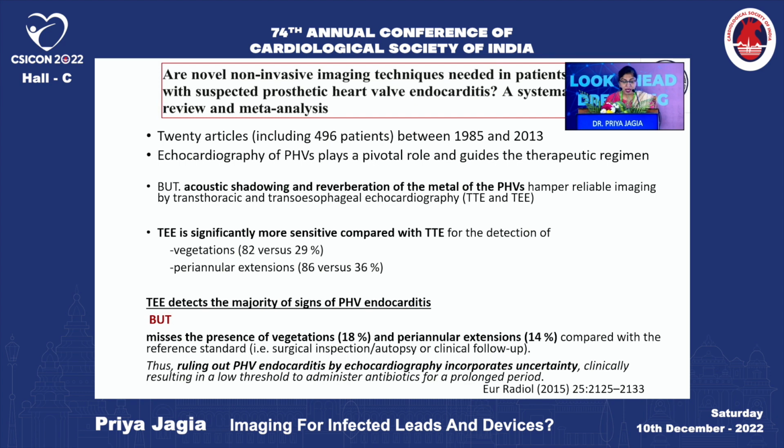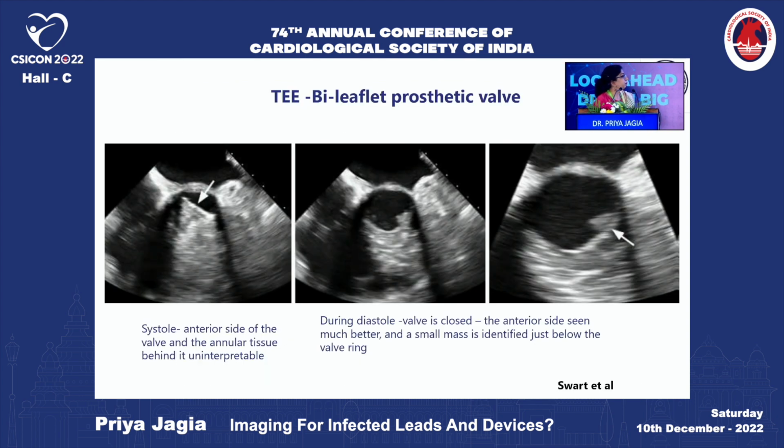Transesophageal echocardiography understandably was more sensitive compared to transthoracic echocardiography. However, still 18% of the vegetations and 14% of the periannular extensions were missed even by transesophageal echocardiography, and this led to a delay in incorporating the antibiotics on time.